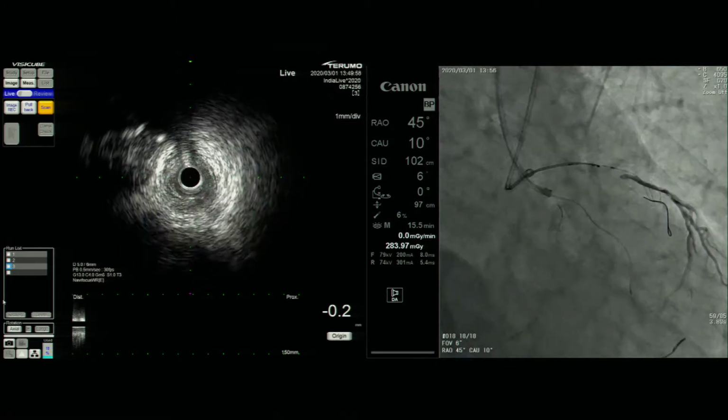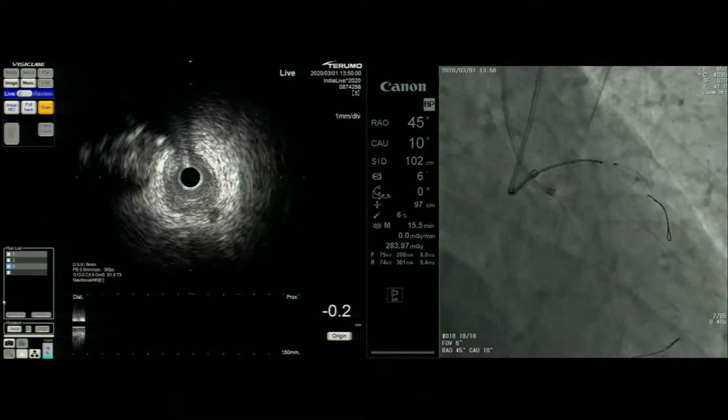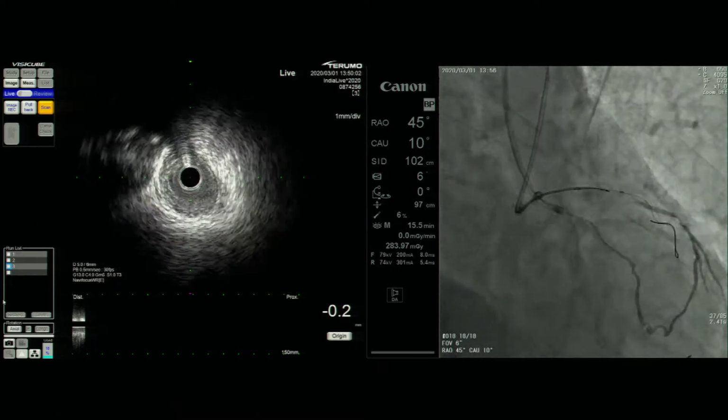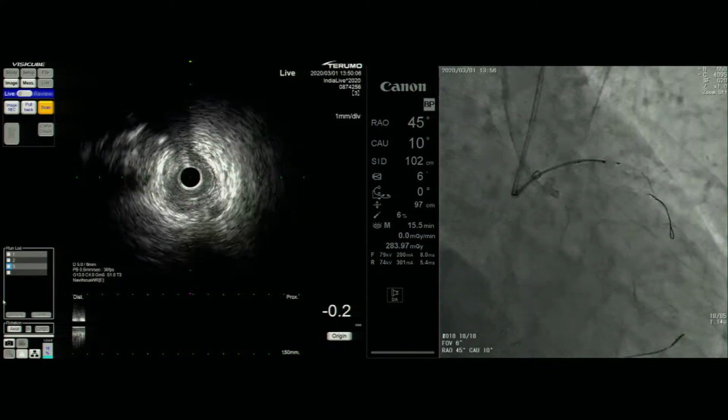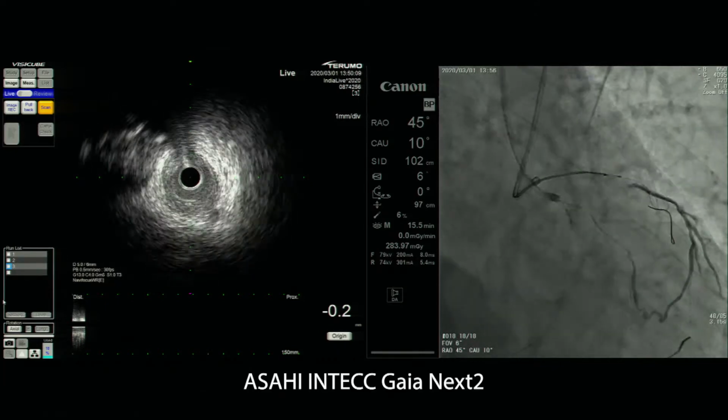In the beginning, I explained the CTO vessel is relatively straight. That's not true. I expected the long CTO entry.